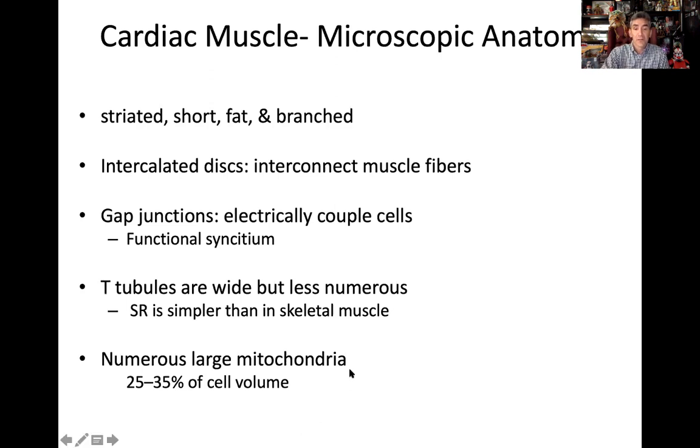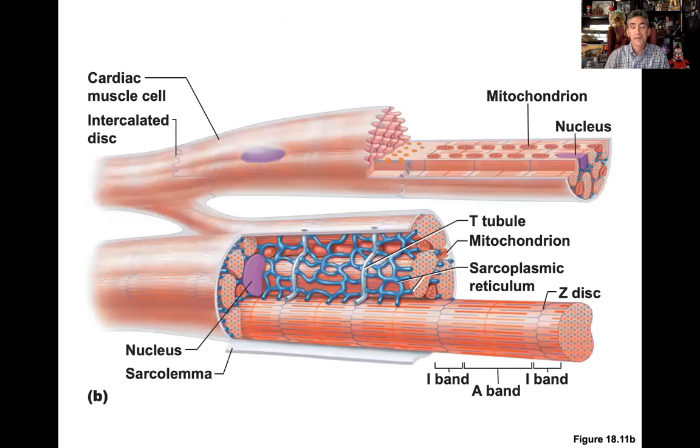So we have a large number of mitochondria in each of these cells. Mitochondria, if you remember, are the organelles that generate ATP, which keep this thing beating all the time. So very important. Just some pictures here, talking about again the T tubule, the mitochondria, all of the intercalated discs. Here we have nucleus, mitochondria, intercalated discs. On the intercalated disc, we have the gap junctions. So all of those there.